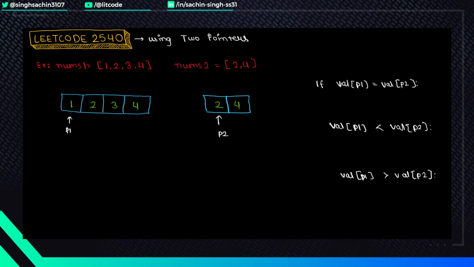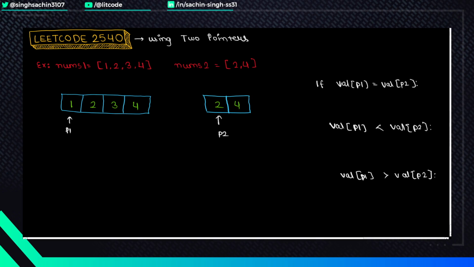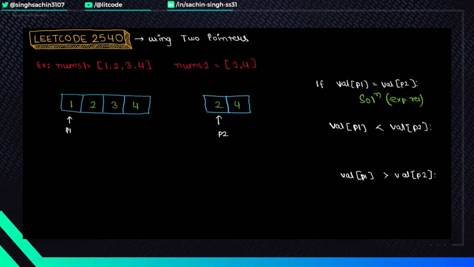So if both the values are the same, this means you got the solution. This is the expected result. Otherwise, if the value at p1 is smaller than the value at p2, as in this case, then we will increment p1 by 1 and move it to the next occurrence.